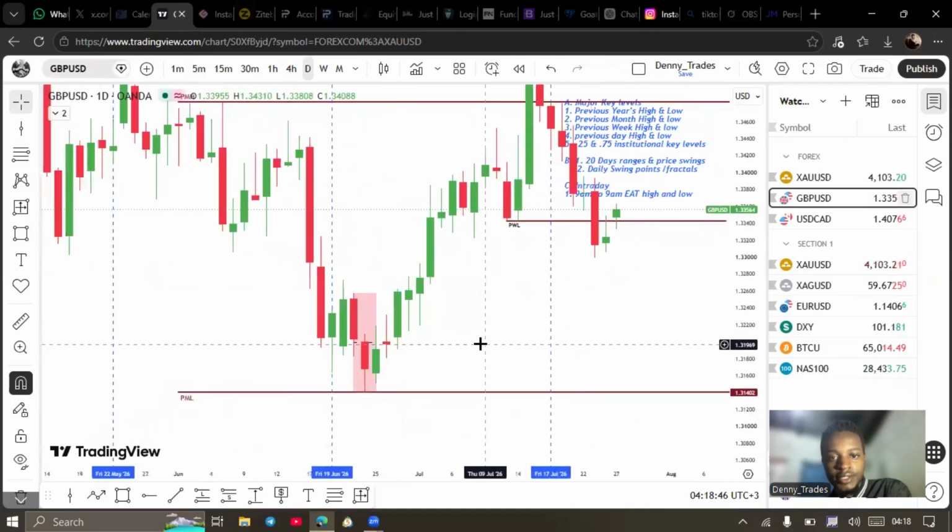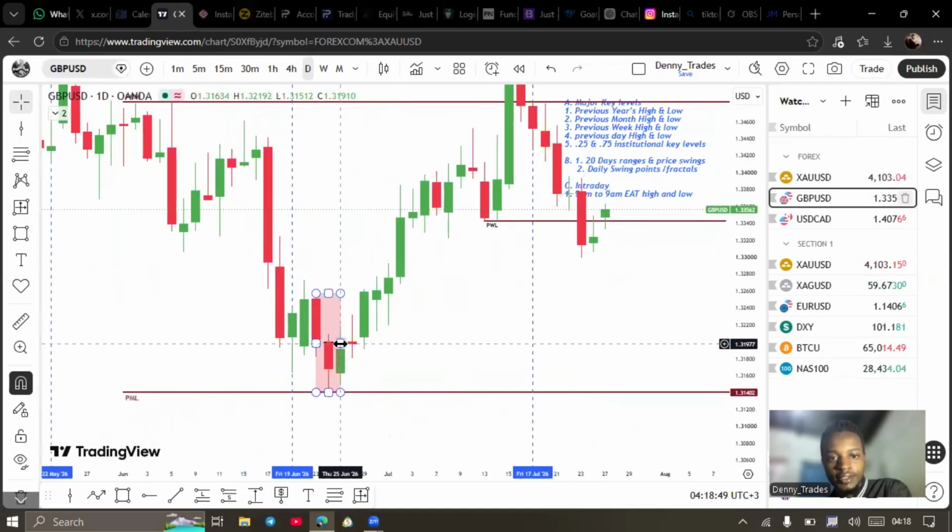Because it's a V-shaped reversal pattern with a candle with the lowest low and a candle on the left and another candle on the right with higher lows, meaning the low on this candle is higher than this low and the low on this daily candle is higher than this low. Okay, so the middle candle is the candle with the lowest low.